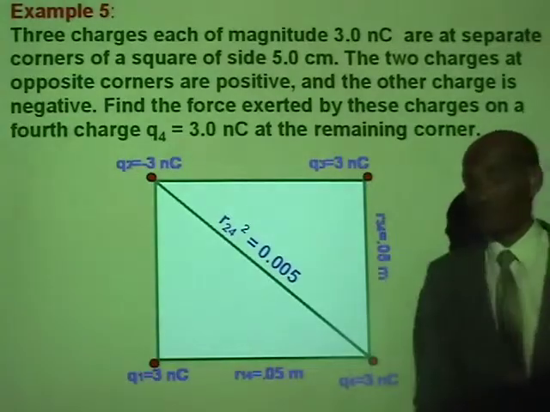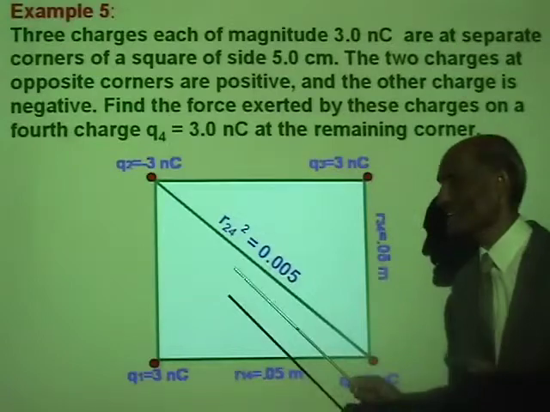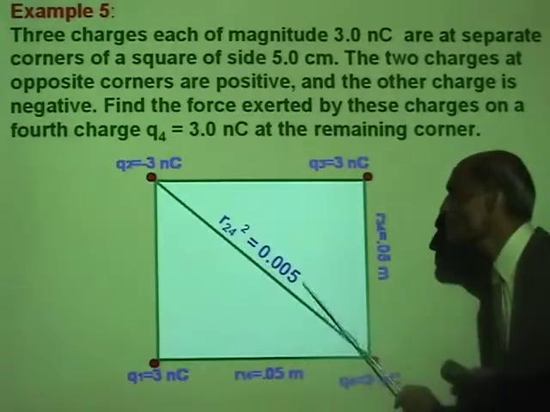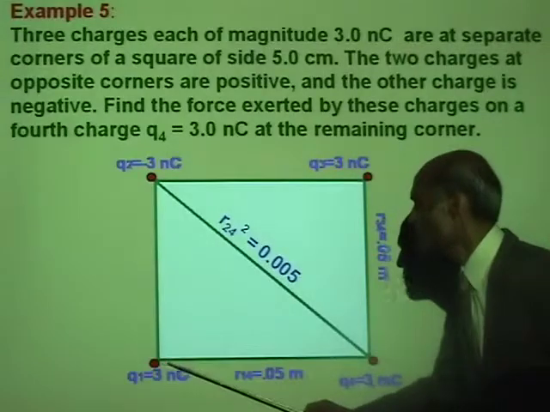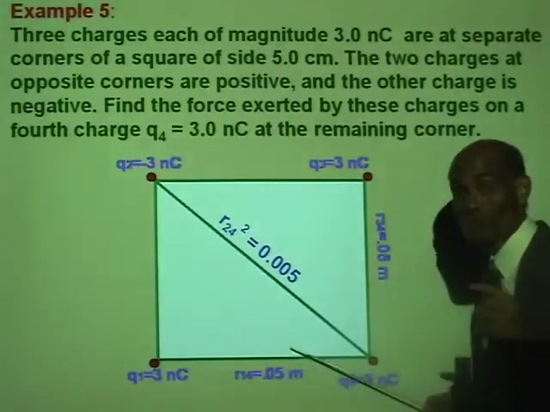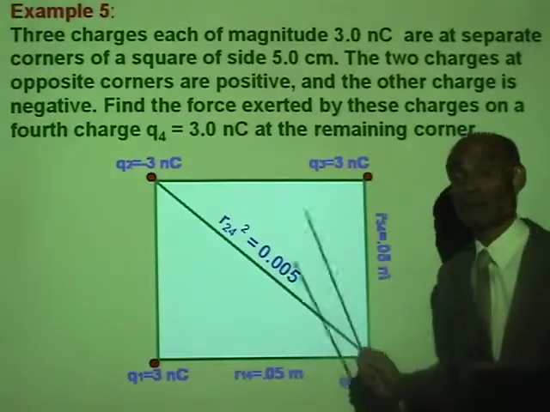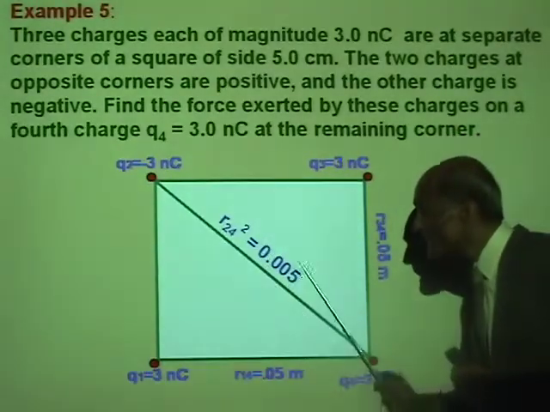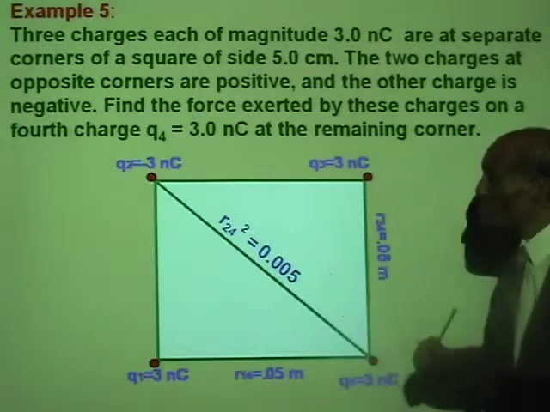Is that right? Yes. Now do that on a piece of paper and use your calculator and see whether you come to this answer. R24 squared is 0.05 squared plus 0.05 squared. Do you get that answer? Alright, I'm going to leave it for you to check.